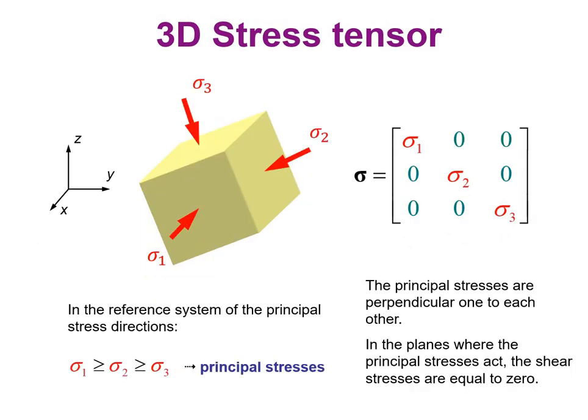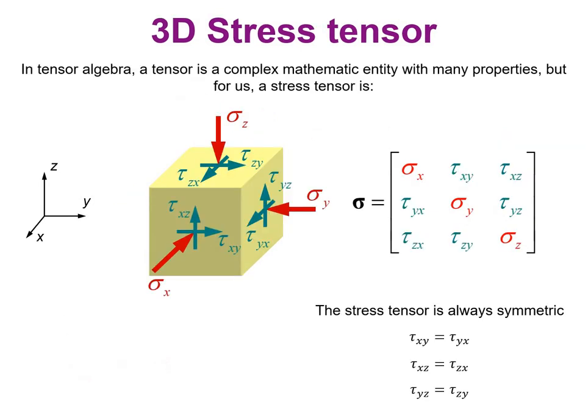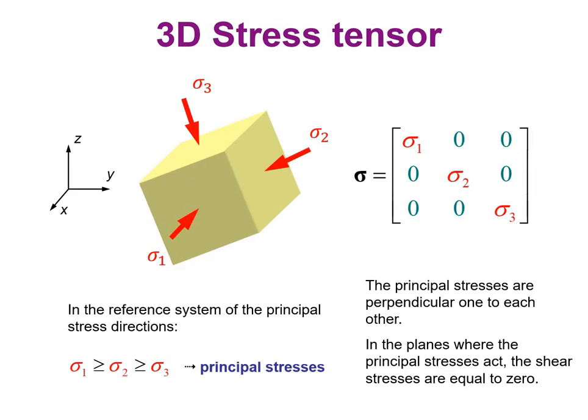So if we rotate this cubic element, or we rotate the coordinate system, we are going to see that the stresses change, because the stresses are quantities that depend on forces and areas and the orientation of these areas. So it's logical to think that if we start rotating this cube in this three-dimensional space, we are going to change the values of the axial stresses and shear stresses, referred to the same coordinate system X, Y, and Z. And sooner or later, we're going to reach a point.